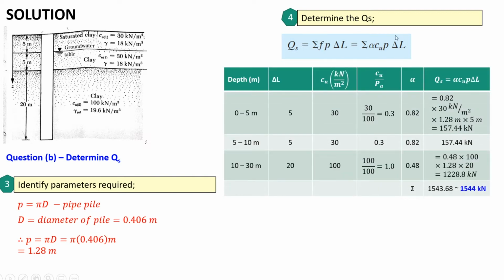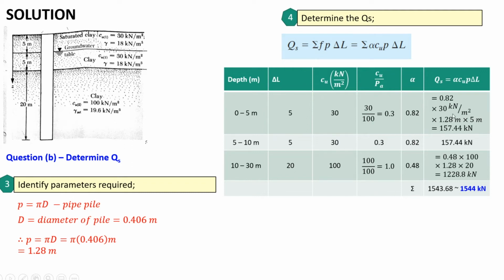Alright, so you can see it's actually the same table as the previous step, but I added a column for delta L and also another column for QS here. Because we need to consider each layer, that's why we add another column. For the first layer, the delta L is 5 meter and we already have 0.82 for the alpha.